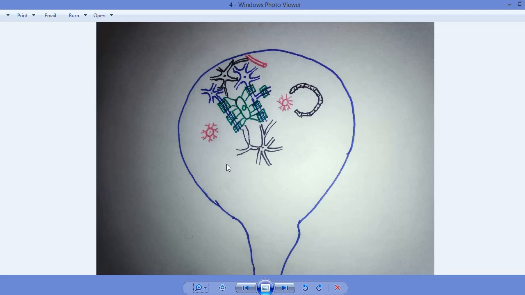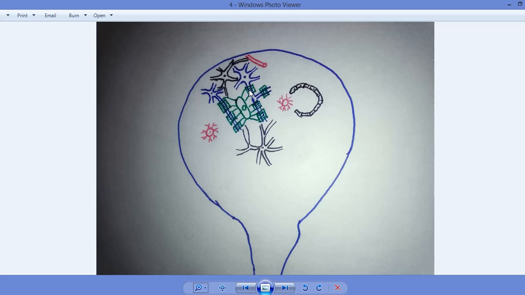Keep in mind that this diagram represents the brain, and in the brain the outer portion consists of gray matter, while the inner portion consists of white matter. The white matter contains a large number of oligodendrocytes, and these oligodendrocytes give myelin sheath to multiple neurons.